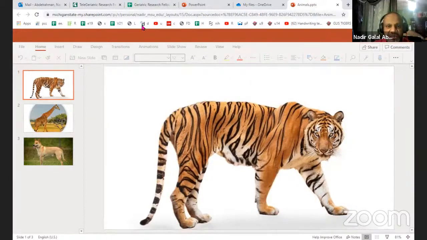That's one thing we did with a group. The other thing is when they presented the files here, I asked them to evaluate each other.